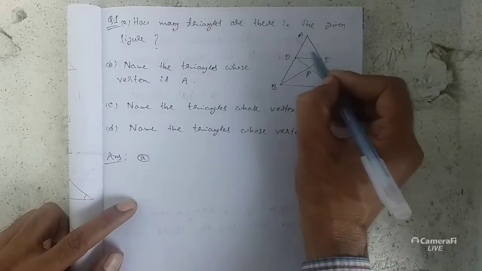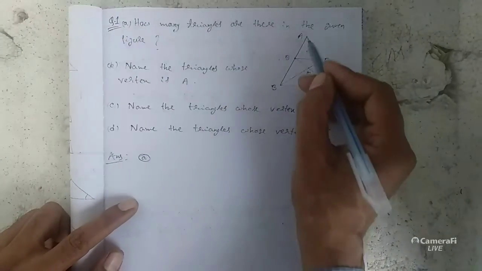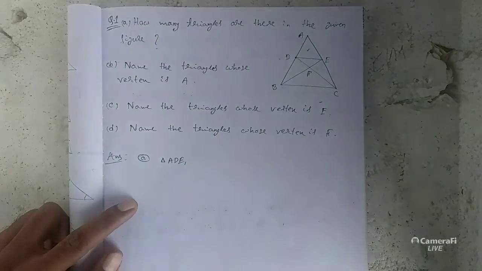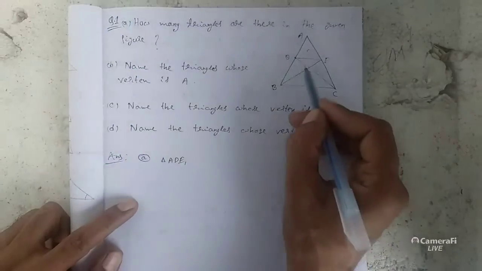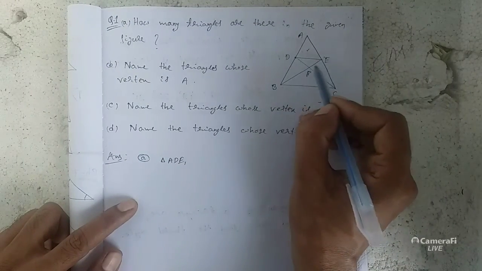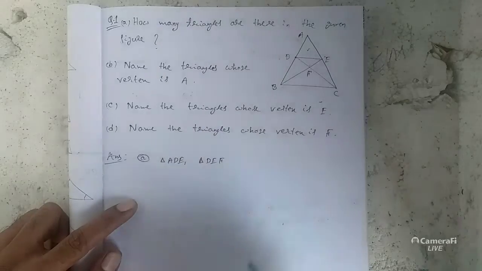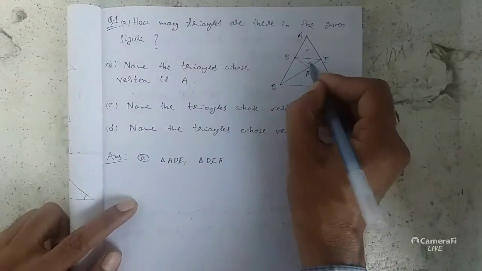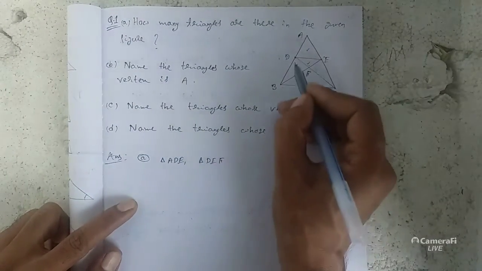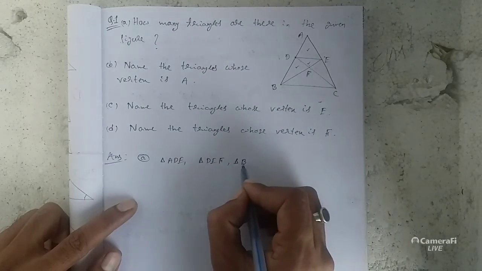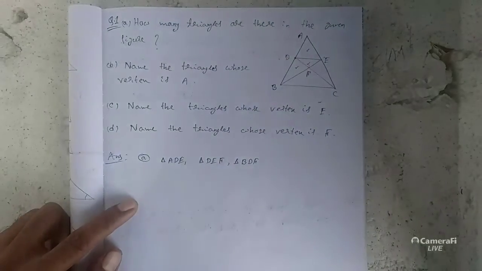This is one of the triangles, this one, name is ADE. So, triangle ADE. Second, this one DEF, triangle DEF. Third is this one DFB or BDF, triangle BDF.